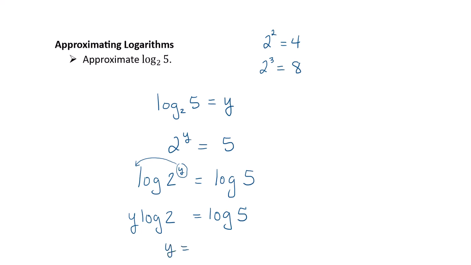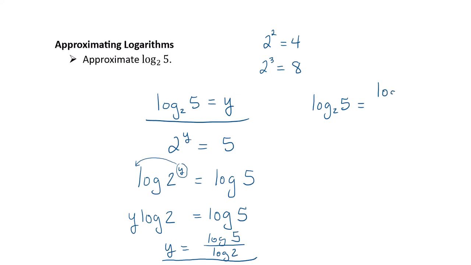This says that y is log 5 divided by log 2. So if y equals the log base 2 of 5 and y equals the log of 5 divided by log of 2, then the log base 2 of 5 must equal the log of 5 divided by the log of 2.